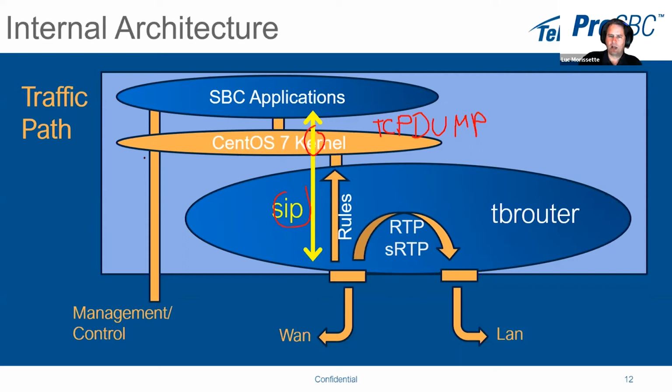You will also see the management traffic because the TCP dump can capture everything here, but you will not see the RTP and SRTP. You need to use TB router to be able to capture this type of traffic. So it's normal that if you use TCP dump, you will not see RTP and SRTP.